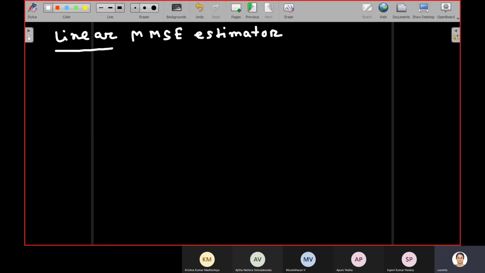So as the name suggests, it is linear, meaning the estimate is a linear function of the measurements. At the same time, it also applies some important properties of MMSE. What is that?